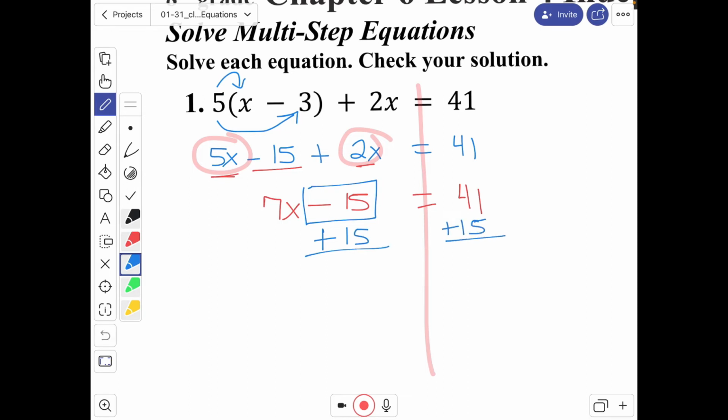So positive 15 on both sides. On the left, they cancel. And 7x is the only thing left. It comes straight down. Equal sign straight down. And then 41 plus 15 on the other side would make 56.